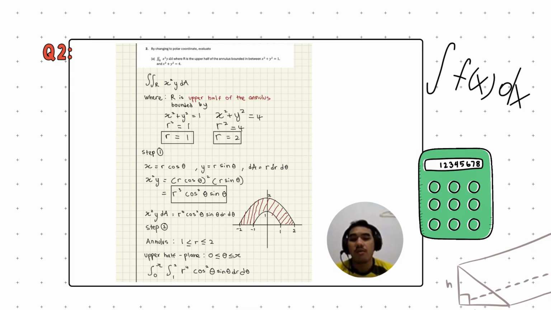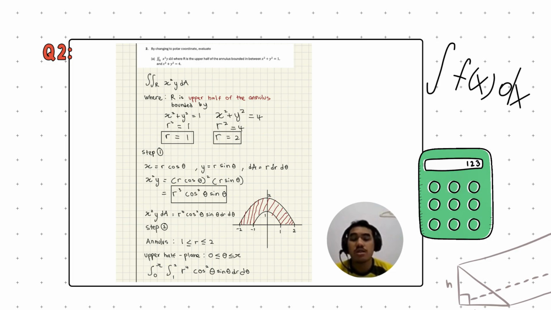We simplify it and get r cubed cos squared theta sin theta. But we also have the dA, so we substitute the dA also, and we get the final integrand: r to the power of 4 cos squared theta sin theta dr d theta.